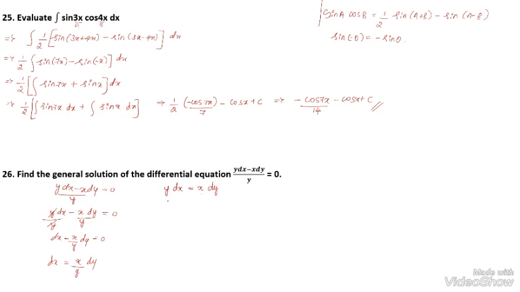Taking x on the left side, it becomes 1 by x dx, and taking y on the right side, it becomes 1 by y into dy. Now taking integration on both sides, on the left side 1 by x with respect to x, and on the right 1 by y with respect to y. This is the simplified form.